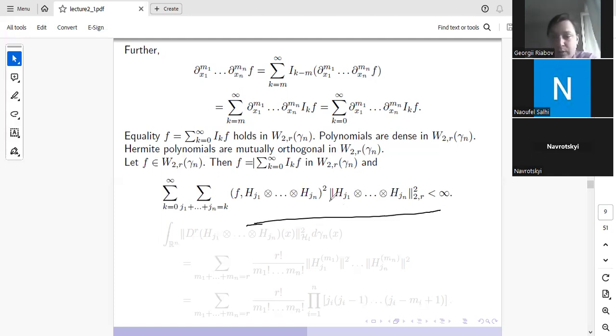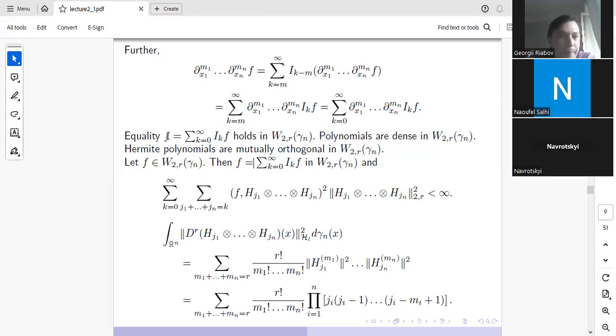And now we estimate this norm. So it is enough only to consider the squared norm of the highest derivative of order r. Since the norm of each Hermite polynomial is 1, and when we differentiate, we get a factor of the root.